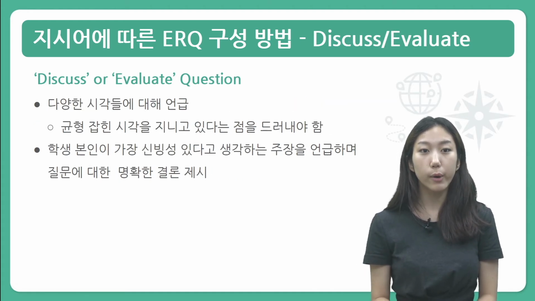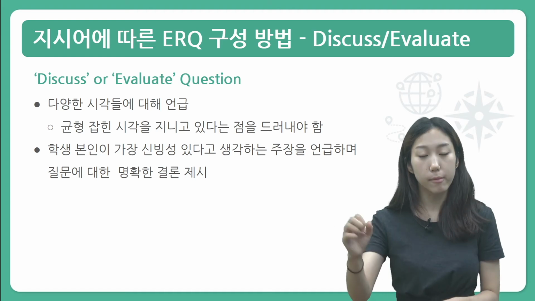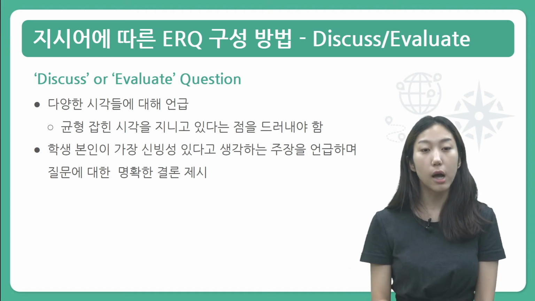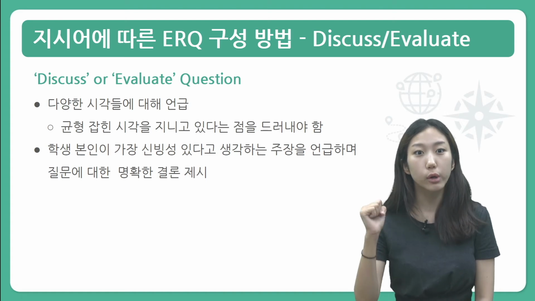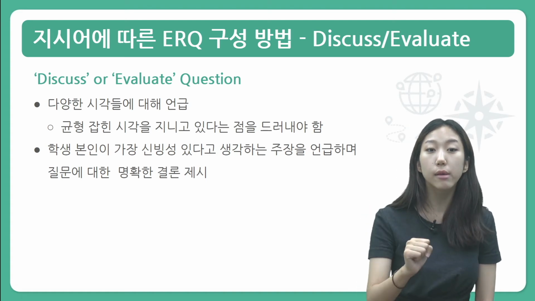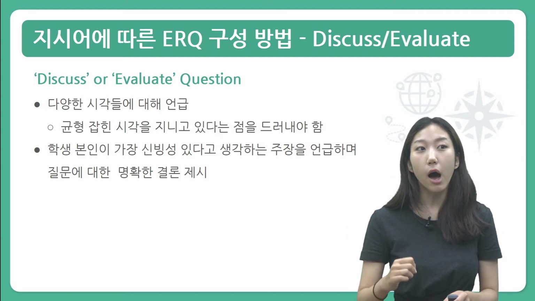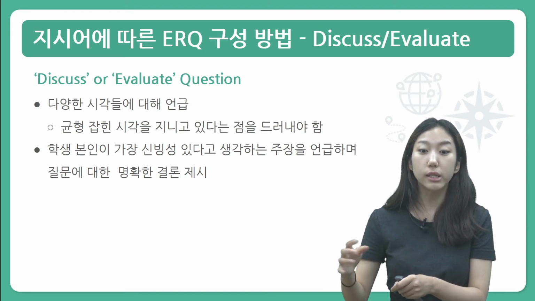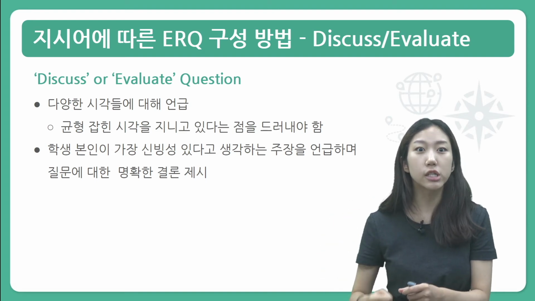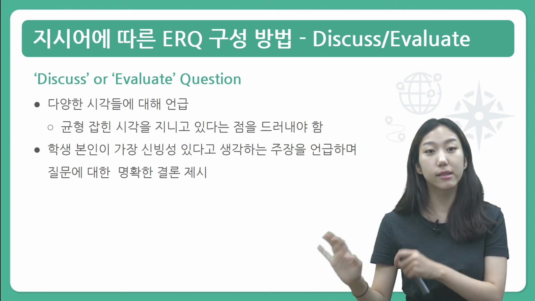Discuss or evaluate. Similarly, we're trying to consider different perspectives and pull all of that together. But at the end, we want to come to a conclusion and say this was the most salient given the strengths and limitations of the study, because this study said something, but the limitations were too much, and so we're going to have to dismiss this study.